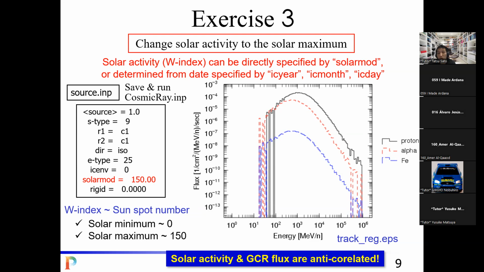So strong solar wind prevents the galactic cosmic rays from entering the heliosphere, pushing back the GCR out of the heliosphere. So that's why the cosmic ray flux and the solar activities are anti-correlated.